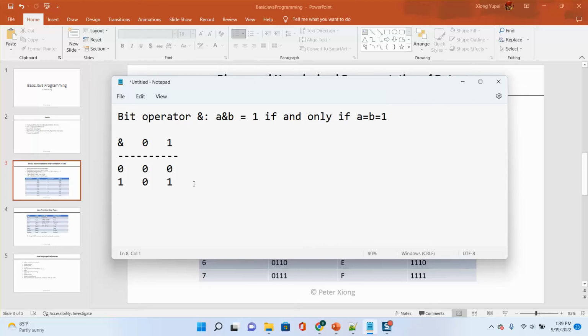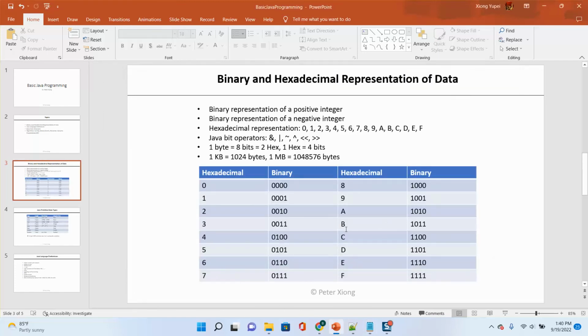For example, let's say x equal to 5, which in binary is 0, 0, 0, 0, 0, 1, 0, 1, and y is equal to 11. 11 is 0, 0, 0, 0, 1, 0, 1, 1. So see this one, 1, 0, 1, 1. This is 10, this is 11.